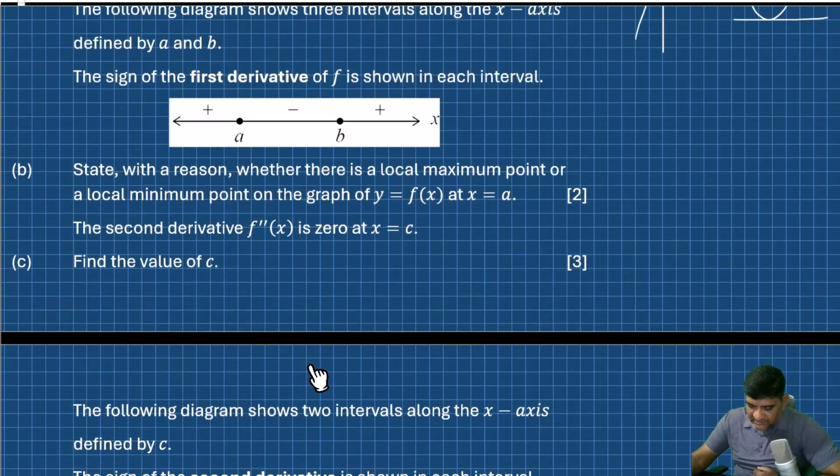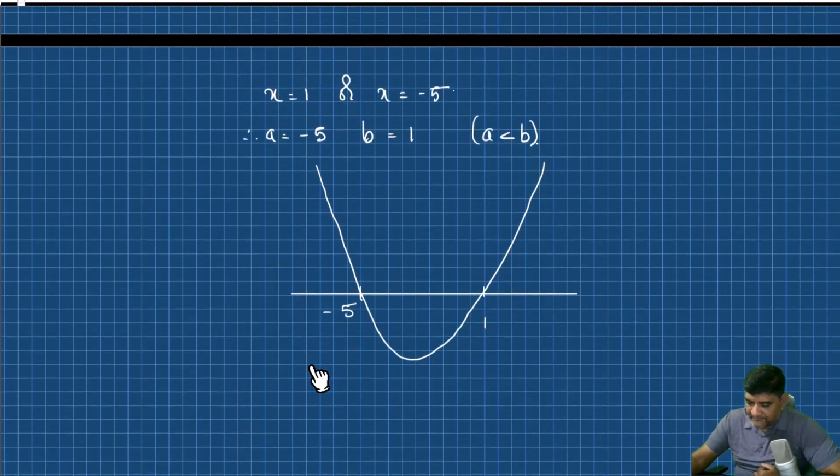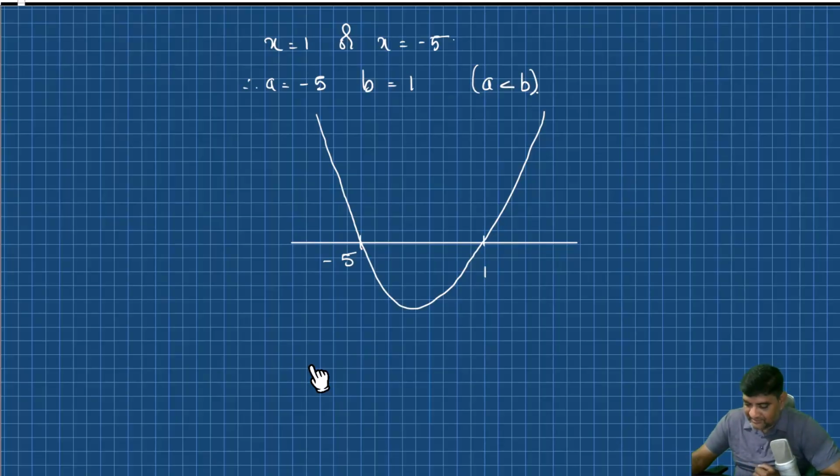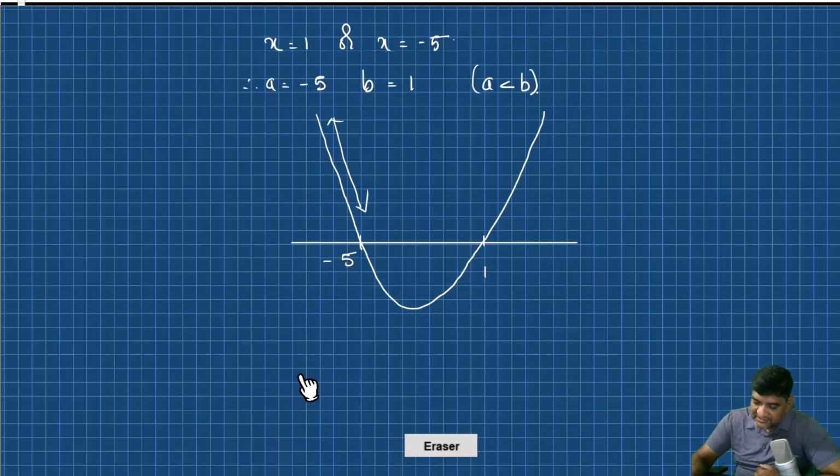Okay, let's look at section B. State with reason whether there is a local maximum point or a local minimum point on the graph. Ideally, if based on this particular information, if I had to predict the cubic equation that I'm going to get, I know that the differentiated function or dy by dx, so the slope is positive over here, which means the function is actually going up.